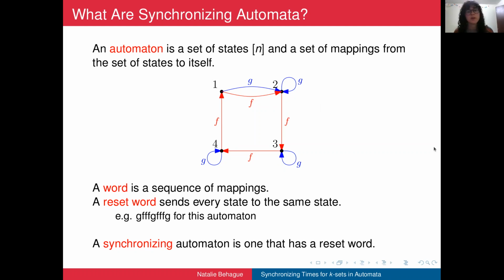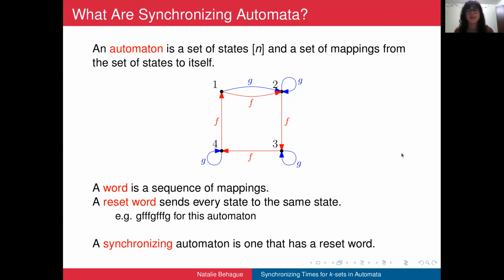Not every automaton is going to be synchronizing, because if both of your mappings were just a permutation of the set of states, you're never going to get a reset word, for example, because any word is just a permutation. Then no word's going to send every state to the same state. Okay, so these are very important definitions. So if you have any questions at the moment, you should definitely ask them, or we will move on.